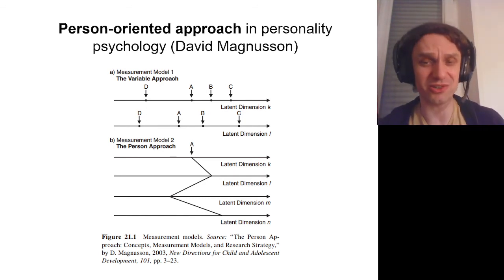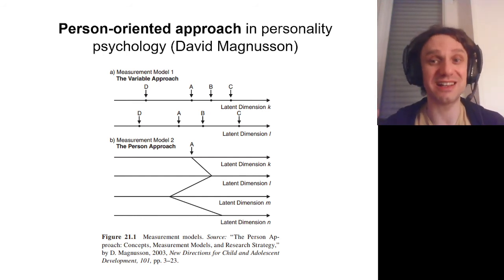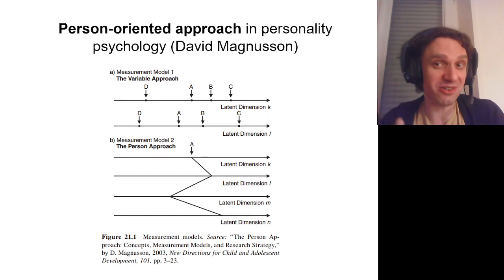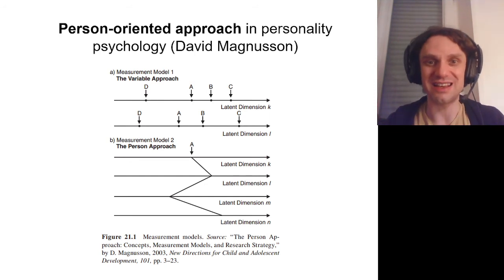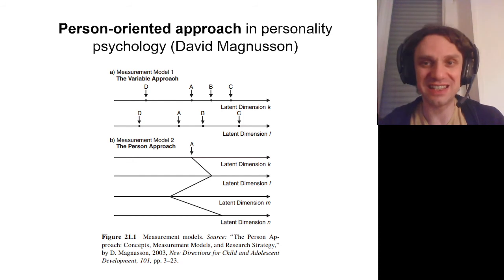So maybe it's better to call them not types, but some kind of empirical profiles or patterns of personality functioning. And for each person, we get a certain combination of scores, and this combination of scores, it's like a psychological profile of a single person. And we use our qualitative skills to interpret this profile and to understand how it works.